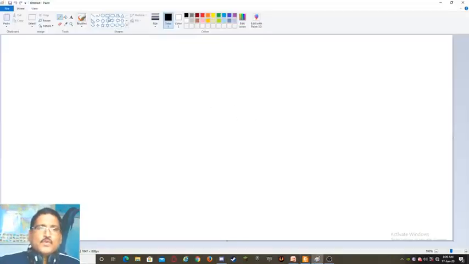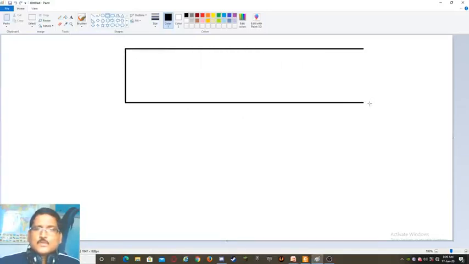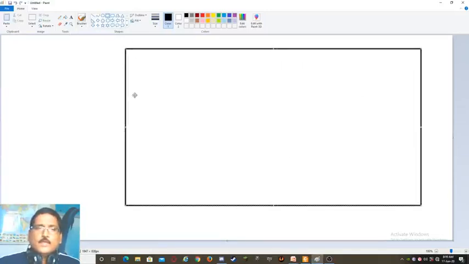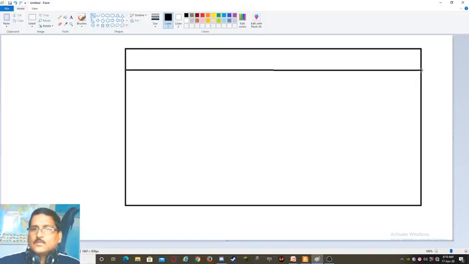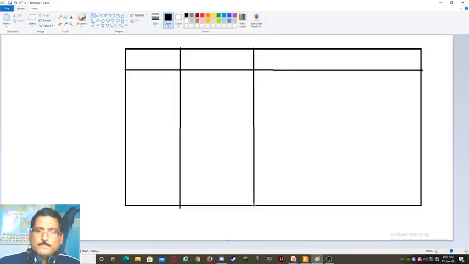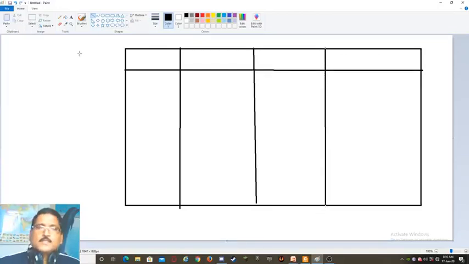First, we have to draw a box. Now here, same way: item or event, share, fraction, and then central angle.